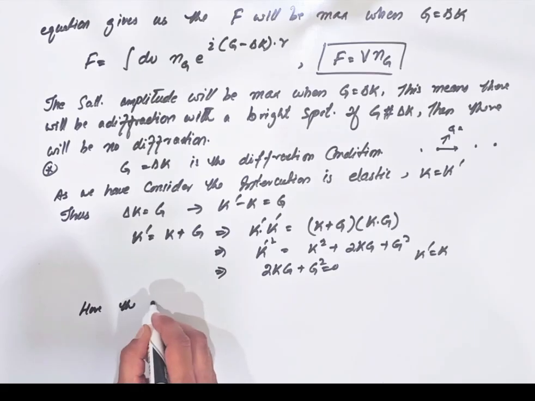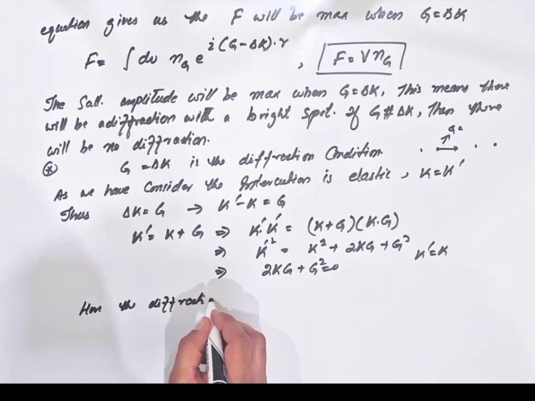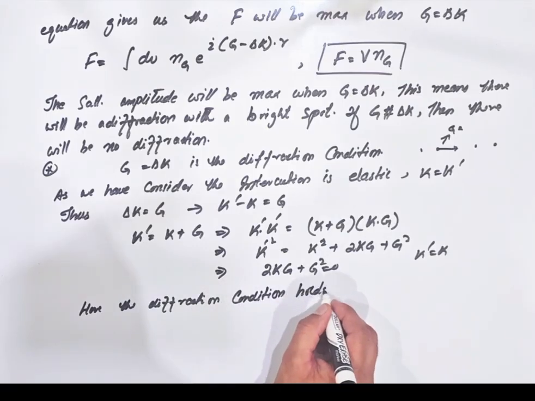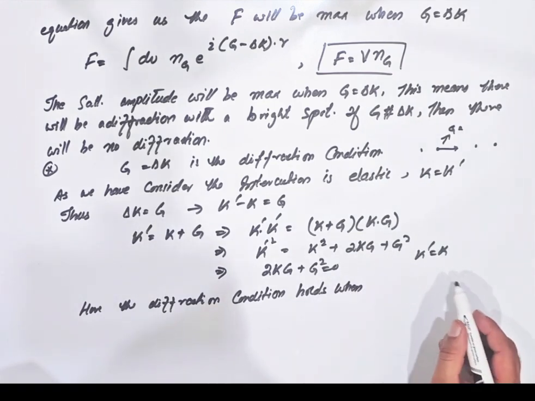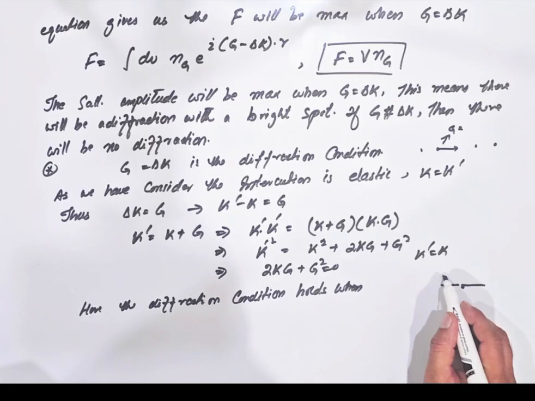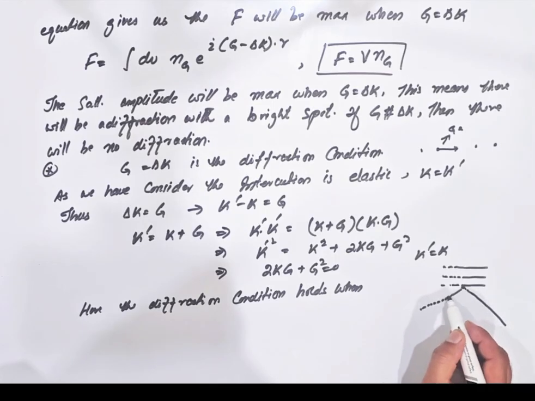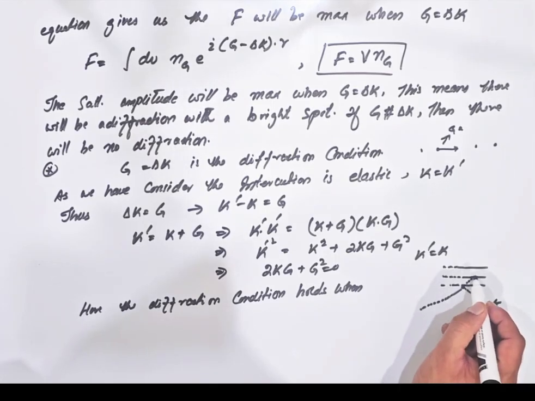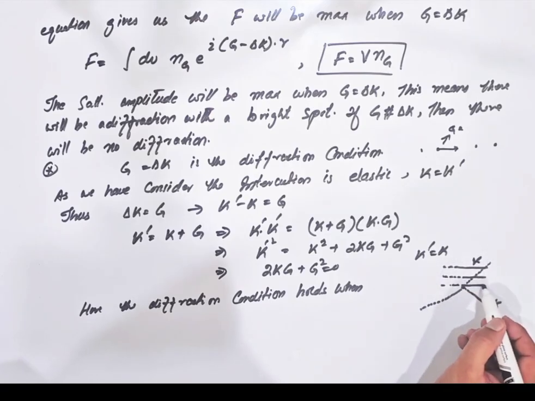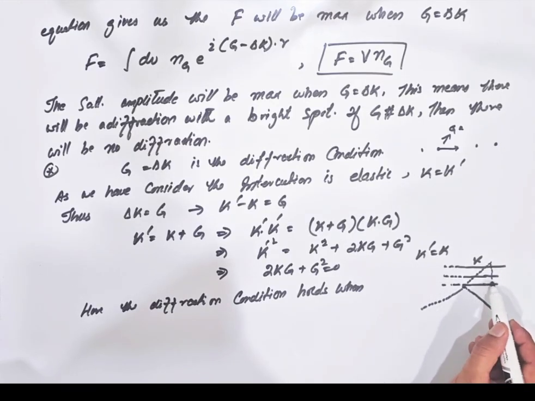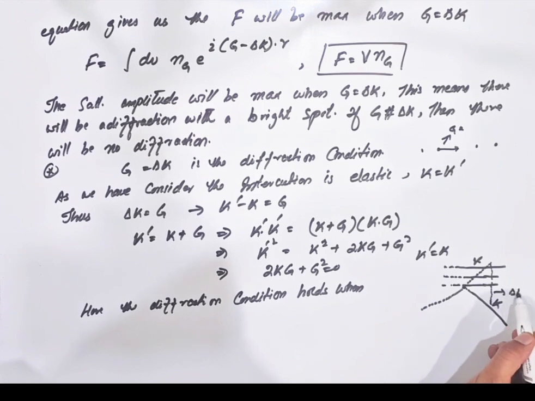Here the diffraction condition holds when, if these are the set of parallel planes. This is the incident beam k, k prime, direction of k. These are parallel planes. This is del k. Angle theta, this is 90.